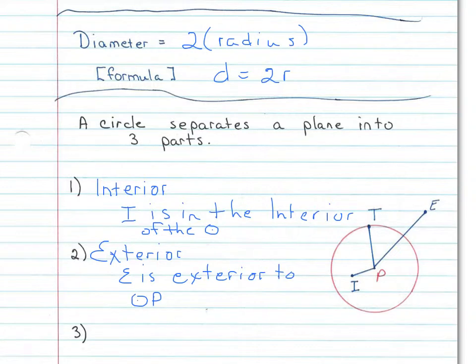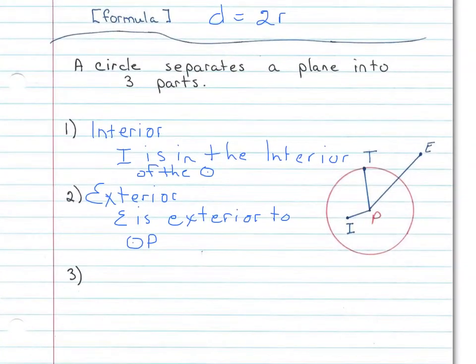And then we have the circle itself. Are there any points on the circle itself? T. T is on the circle itself. So a circle separates a plane into three parts: the interior, the exterior, and the circle itself.